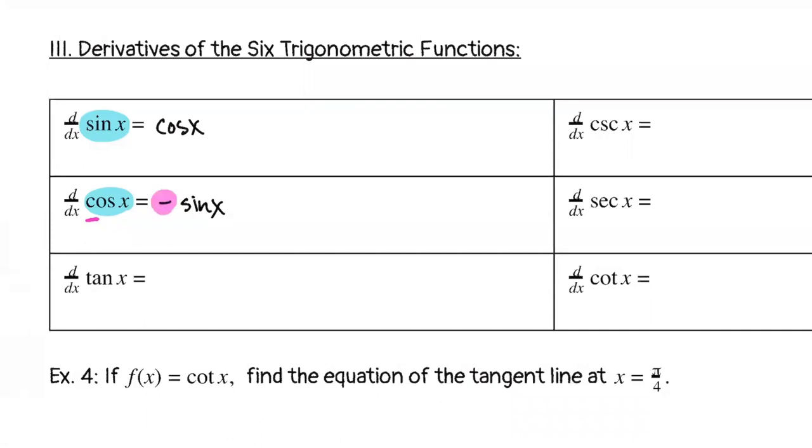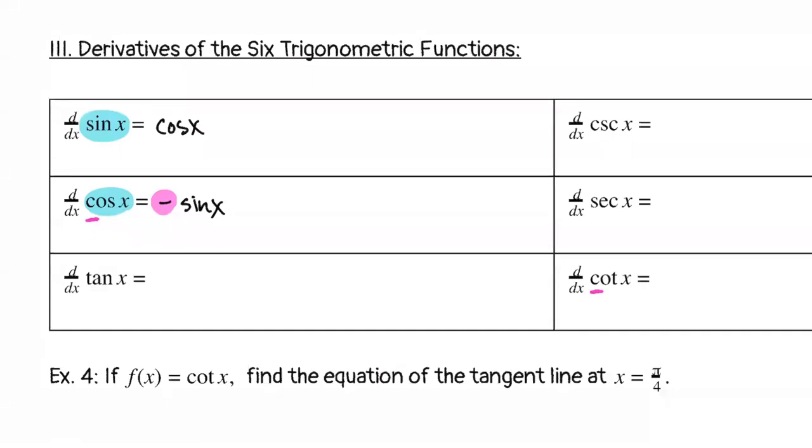And it's negative. Wow, okay. All right. Find me another trig function on here that also starts with a C. Cotangent. Okay.